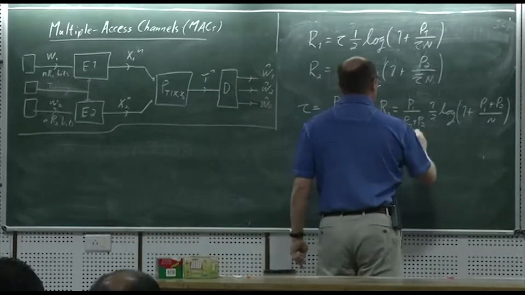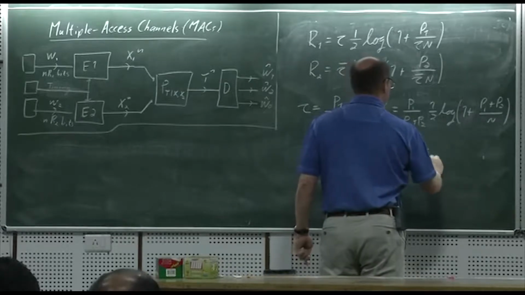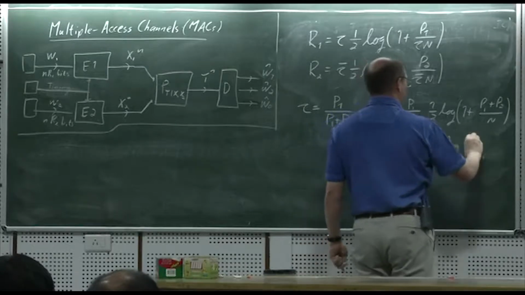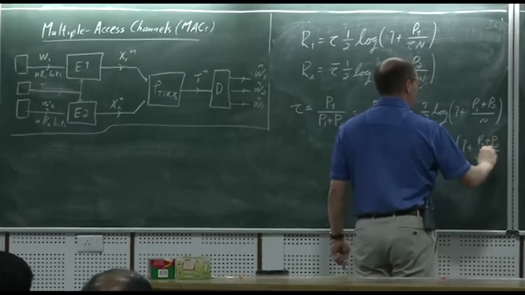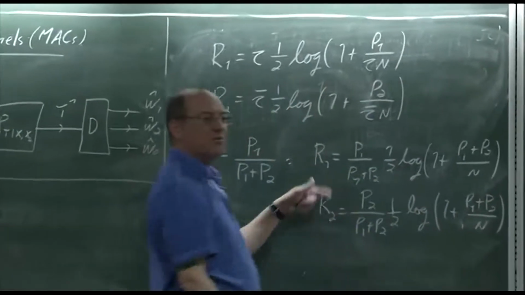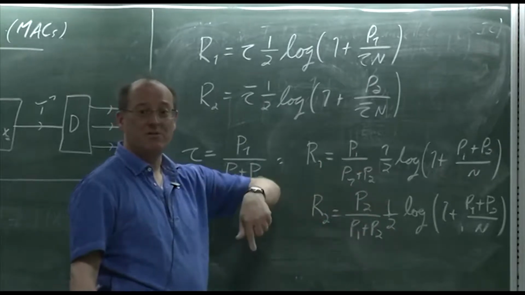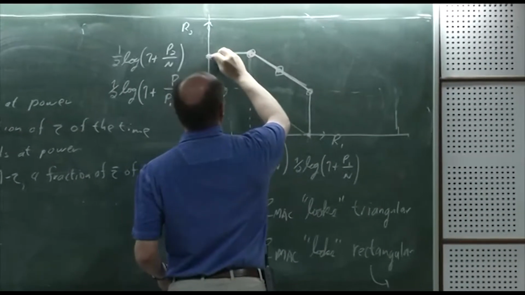And the remarkable thing about this choice then, if we sum up these two rates, what do we get? If we add these two rates, of course this sums to 1, we just hit the sum rate bound. So what that tells you is that this TDM method gets rates that go like this.